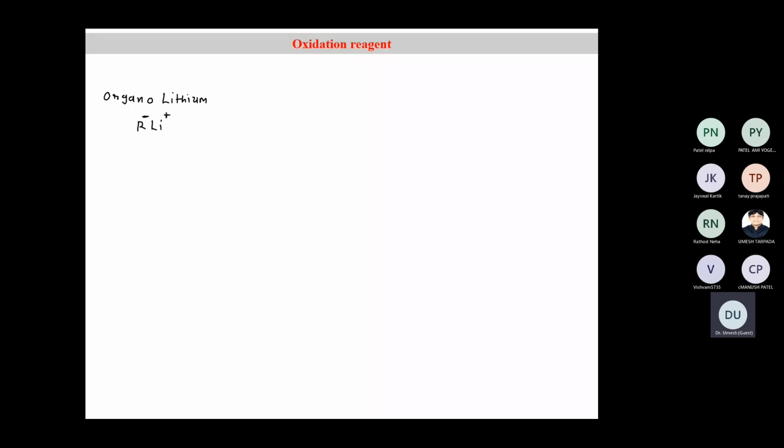The second reagent is the Grignard reagent, which is nothing but organomagnesium.